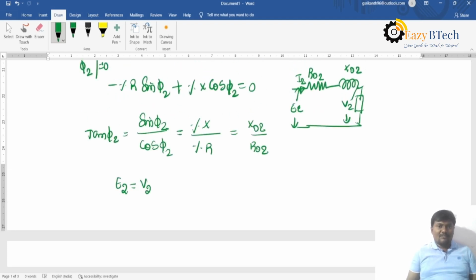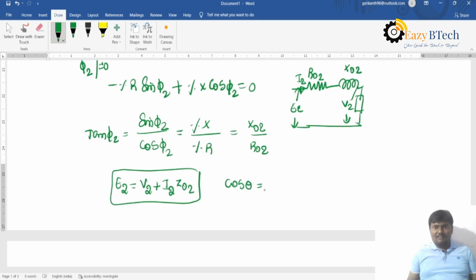E2 is equal to V2 plus I2 into Z02. Here I have one triangle with angle theta, the base is R02, the opposite side is X02, and this one is Z02.